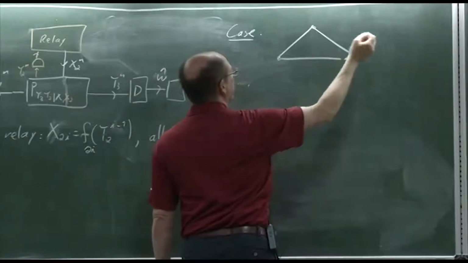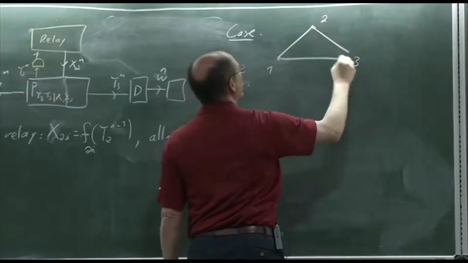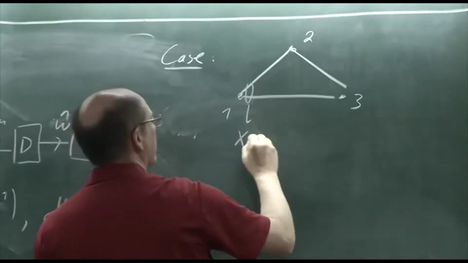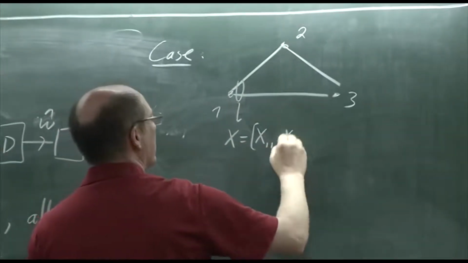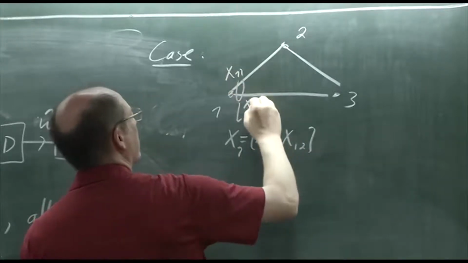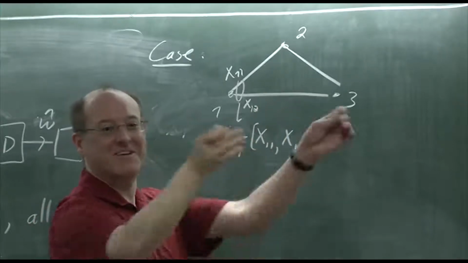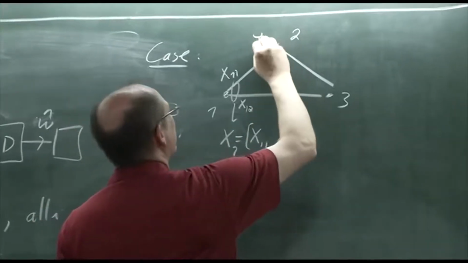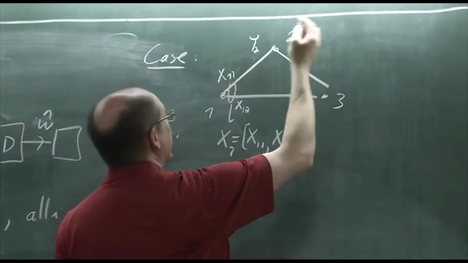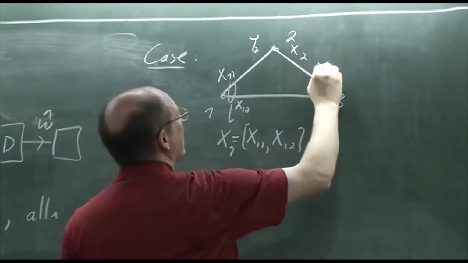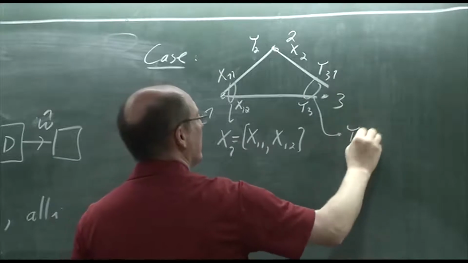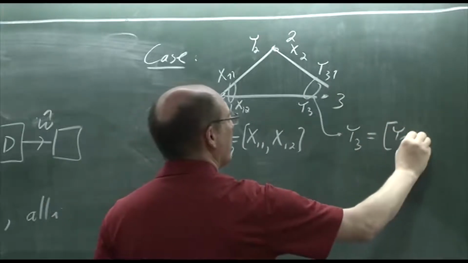If we look at a classic wired network with 3 nodes, we can view the input of user 1 as being a vector, x11, x12, so you're already doing multi-vector communication. You receive y2, usually viewed as a function of x11, and here again we get a vector, y3 is equal to y31, y32.